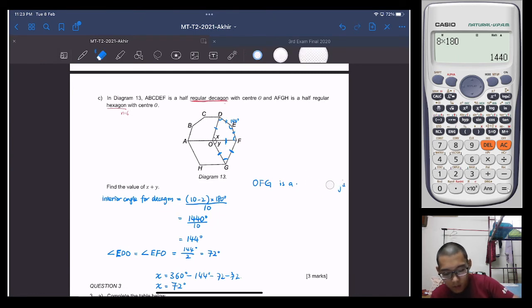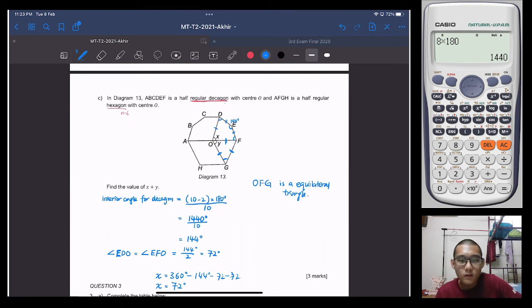Equilateral, you write down. This is a statement. Is it correct? Actually, it's true, because after we find out, we can write down the equilateral triangle here.